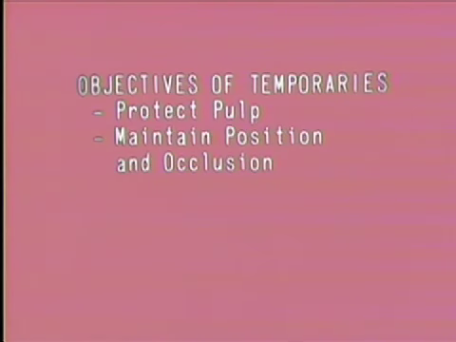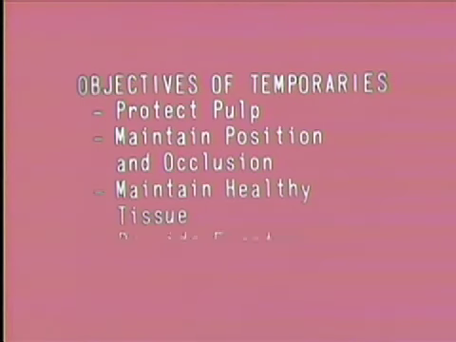The temporary should also maintain healthy supporting tissues. If we start out with healthy supporting tissues, and in the interim our temporaries cause periodontal disease, then we cannot expect the restorations to fit properly, nor the teeth to be in exactly the same position when we go to put the restorations back in the mouth.